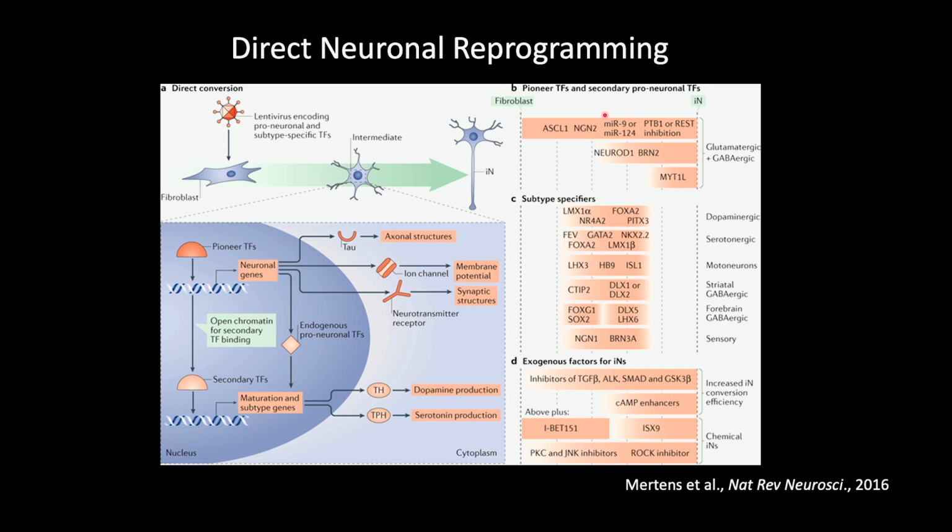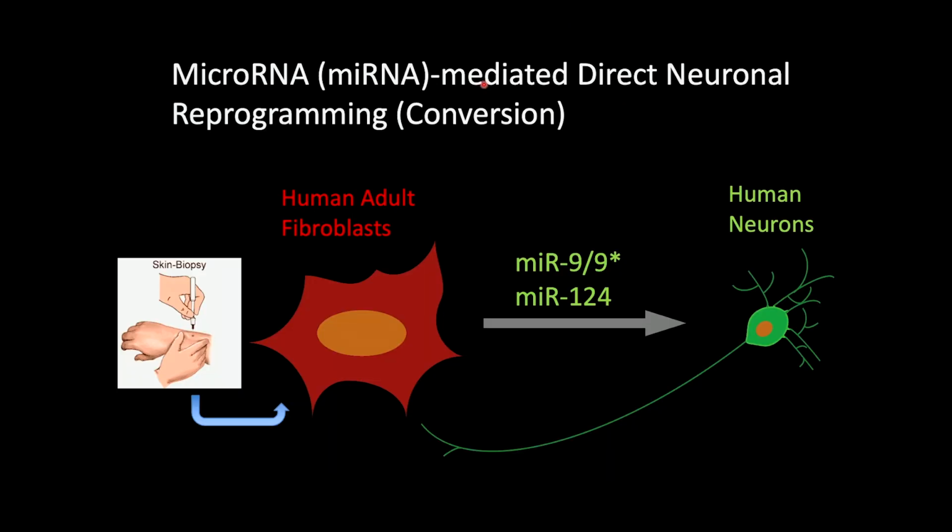One thing I noted in the review was that Jerome and Fred kindly included MIR9 and MIR124 because these are two genes that we focus on in the lab. So what we do is we basically take two microRNAs, MIR9 and MIR124.